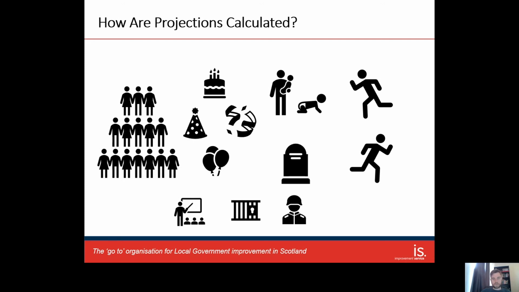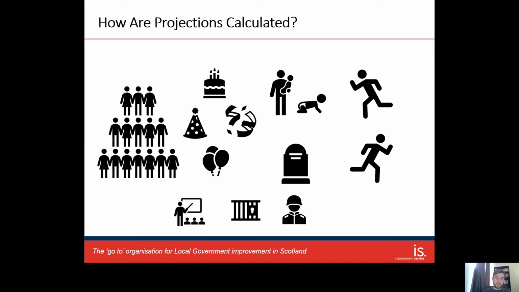In the projections I'm going to talk about now, the Improvement Service projections, we didn't actually have access to up-to-date student populations, and we didn't have access to the armed forces at all. And so we just treated these two population groups as normal populations, and we did include prisoners as a special population, although this only affects quite a small number of areas where prisons are actually situated.